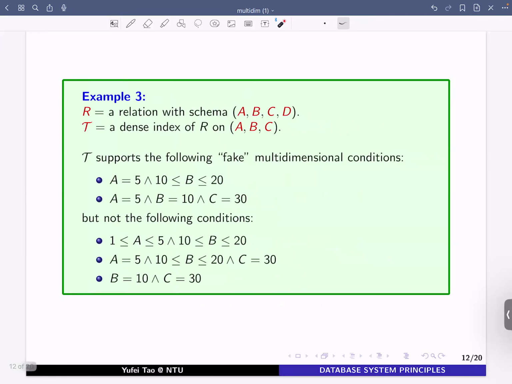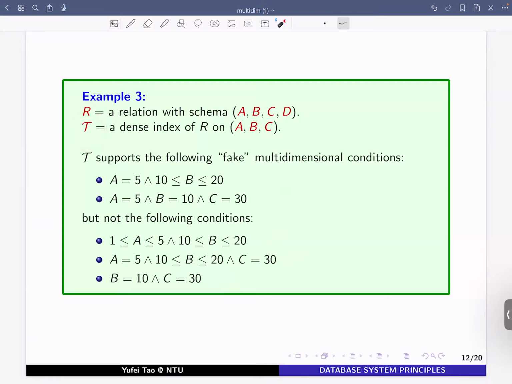So let's see some quick examples. Here I have a relation with schema ABCD. And here, this dense index is created on the sequence ABC. I emphasize ABC. Now you see a bunch of multidimensional queries. The question is, which queries can be supported by this B tree efficiently?